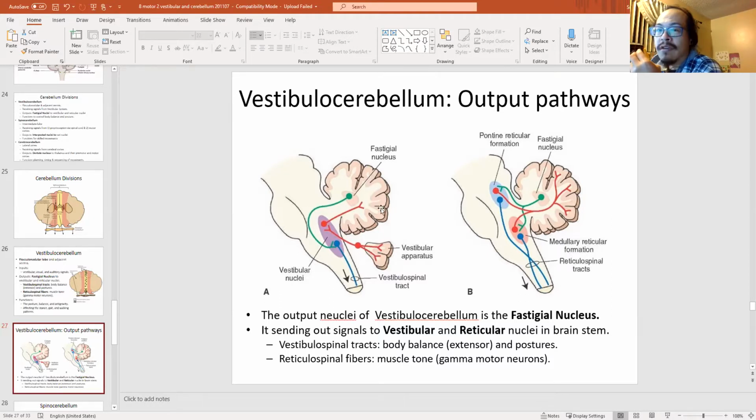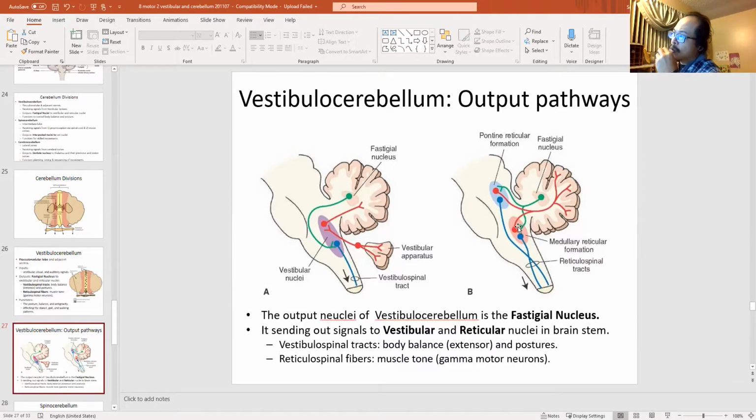Vestibular can also directly send signal into the cerebellum, but the majority is through the vestibular nucleus. The output is from the fastigial nucleus sent to the vestibular nucleus, then to the vestibular spinal tracts. Another output is to the reticular formation.